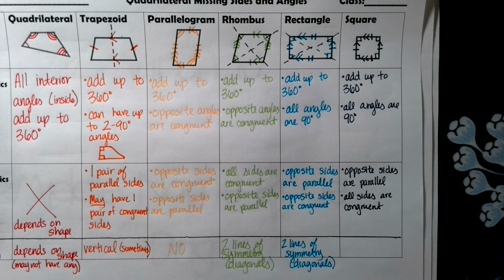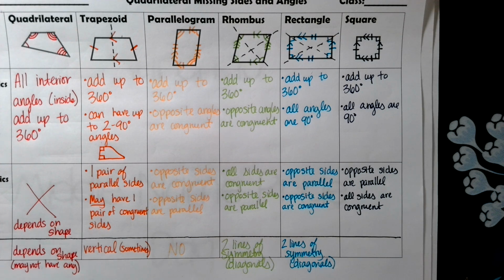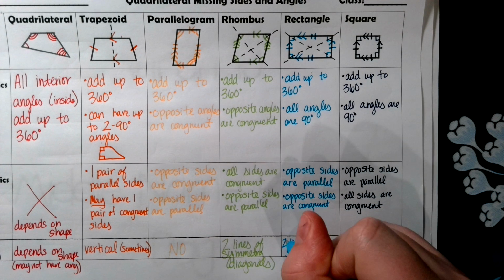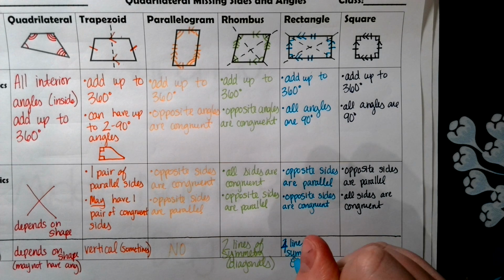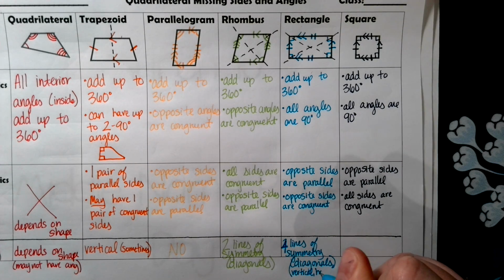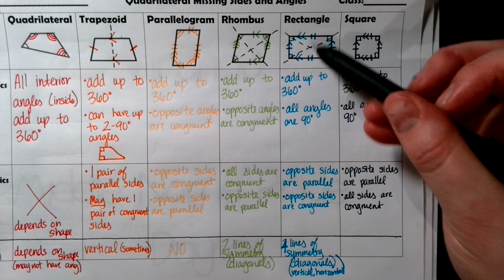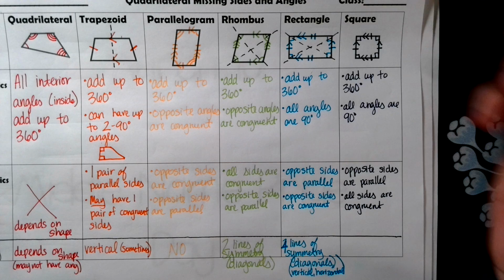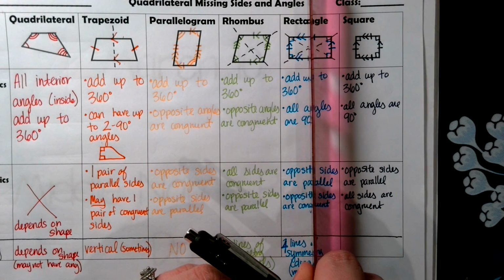The rectangle doesn't have 2 lines of symmetry. It has 4 lines of symmetry, oh my goodness. It has the diagonals, it has vertical and horizontal. Because if I take my rectangular shape and cut it right down the middle, I have the same on the left and the right.